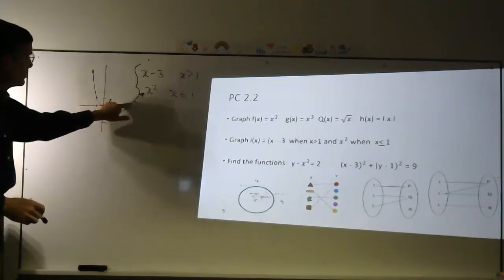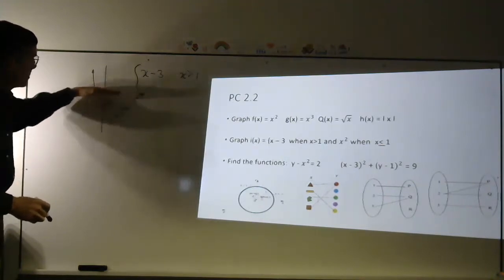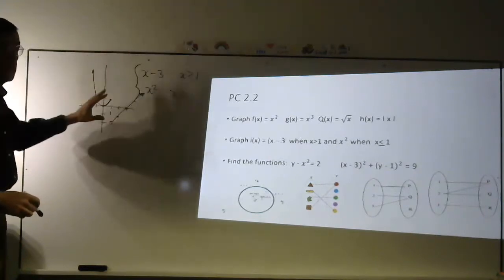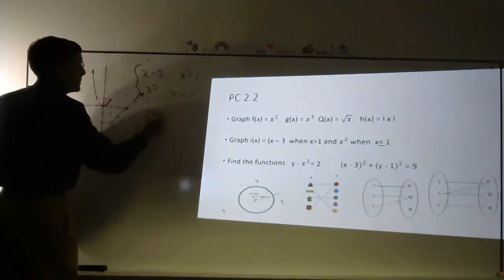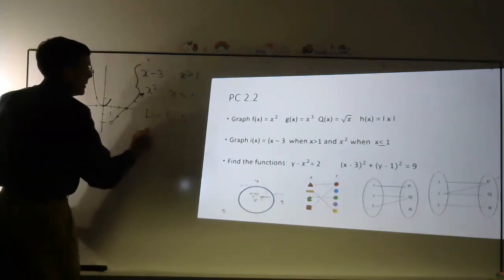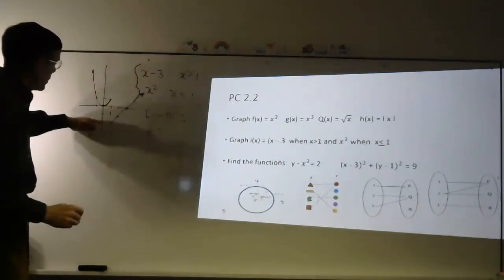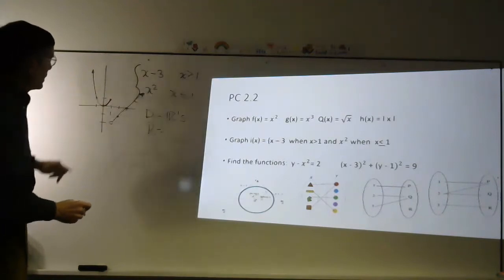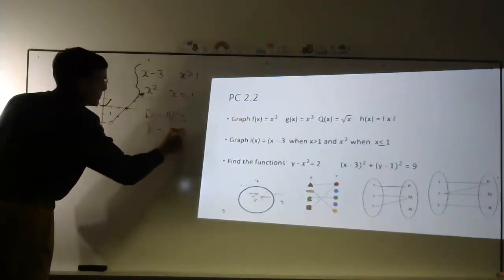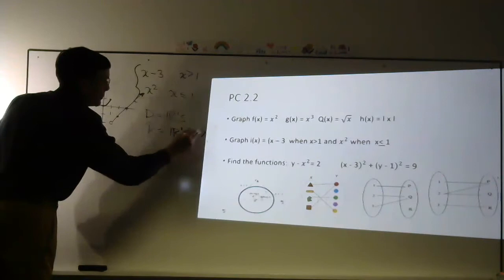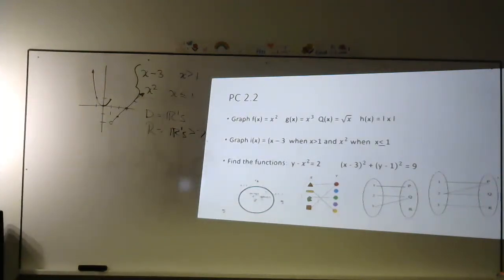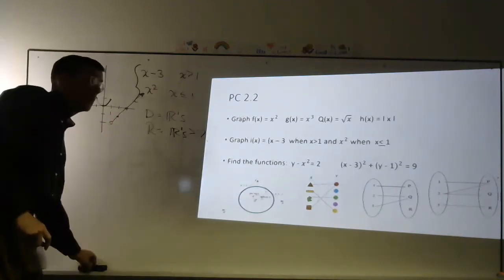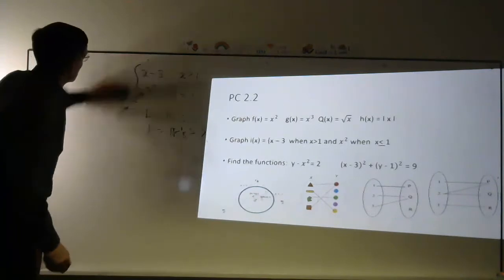Or 1 is used 3 times. But up here, there's y values used like crazy. So the domain we said was all reals. The range are all reals bigger than -2. So reals bigger than -2, not equal to -2 because it starts with a hole. Okay? Domain and range on a split or a piecewise function.